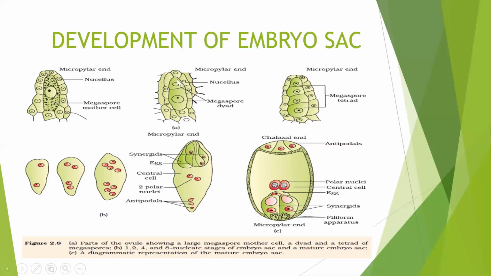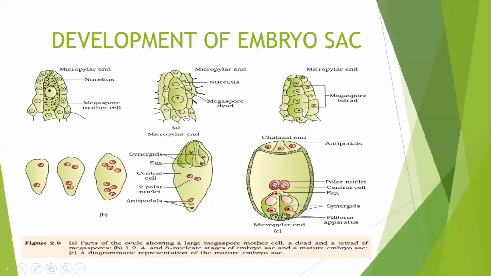This megaspore mother cell undergoes meiotic division. After first meiosis, it forms 2 megaspores, which is known as the megaspore dyad. And after meiosis 2, it forms 4 megaspores, that is known as the megaspore tetrad. In the megaspore tetrad, the 3 megaspores towards the micropylar end degenerate, and one megaspore remains, which is known as the functional megaspore.